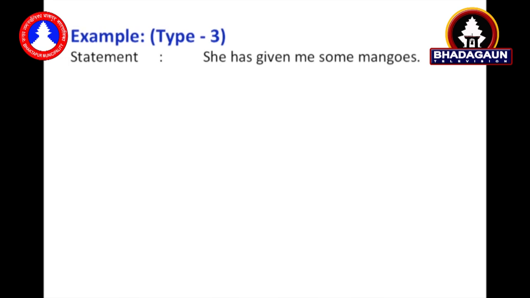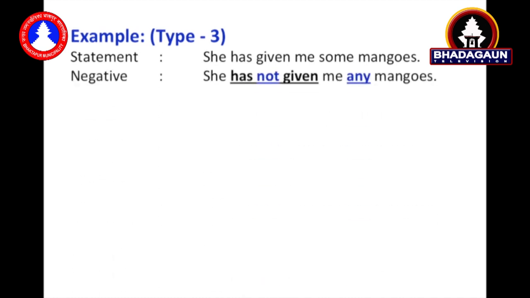First you must be sure about the use of an auxiliary verb in the given statement. And if there is an auxiliary verb, not is added next to the auxiliary. In this sentence, she has given me some mangoes, has given is the verb and has is an auxiliary verb. So, not is added next to the auxiliary as in the previous examples.